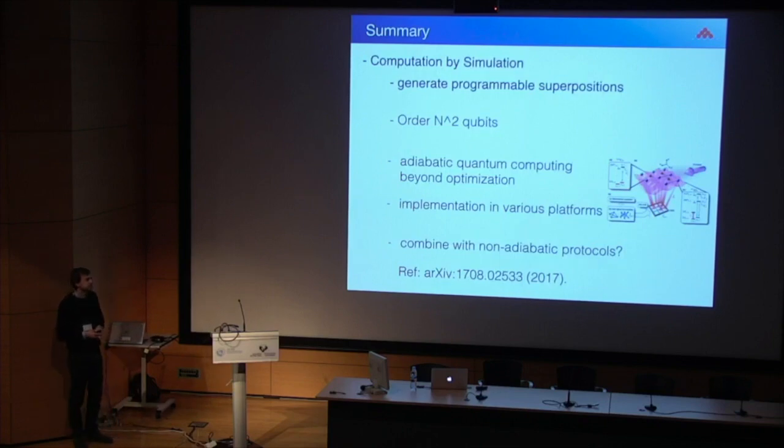However, if you want to make a QRAM, you need an exponential number of resources, which kind of makes sense because there is no free lunch. But what we have done is we have at least reduced the number of qubits from something exponential to something quadratic. With this, this is not just something which is interesting for machine learning, but for many algorithms.